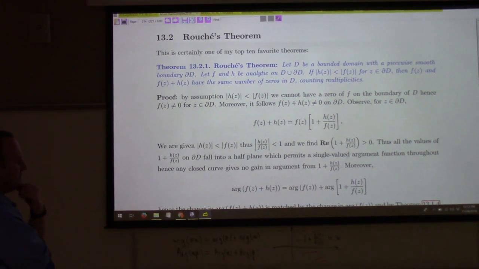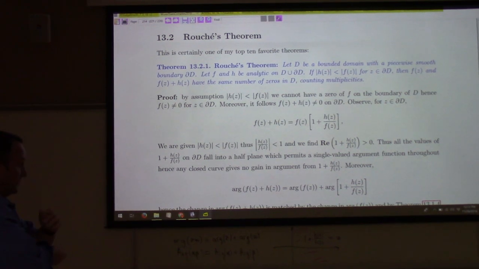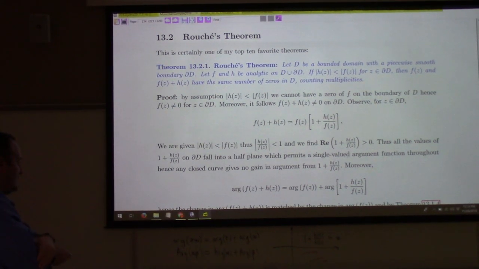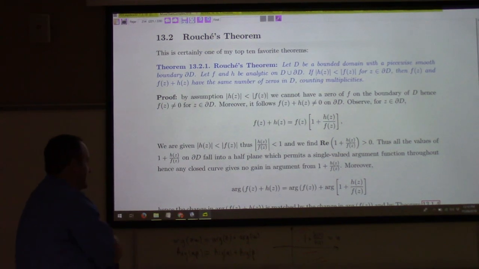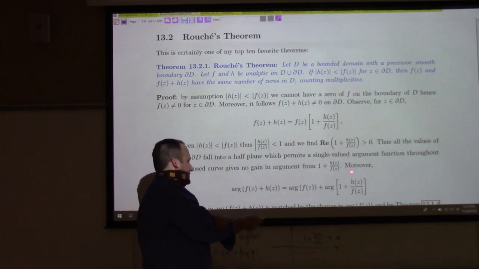I think it's a statement about sets. See, because there's no assumption that the argument of f of z itself can be given by a single argument function. It's this guy that's nice. I'm debating in what sense we should understand this equality here. I think it's a statement about sets.